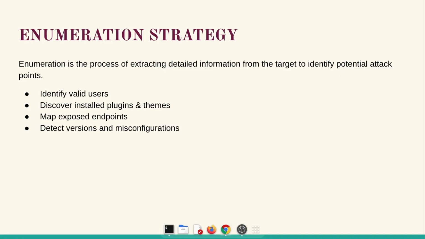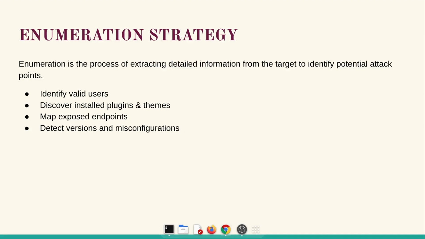Enumeration strategies. Enumeration is a process of extracting useful, actionable information from a target to identify where and how it can be attacked. Reconnaissance is surface level; enumeration is deep digging in. Why enumeration is critical: you cannot attack what you don't know.